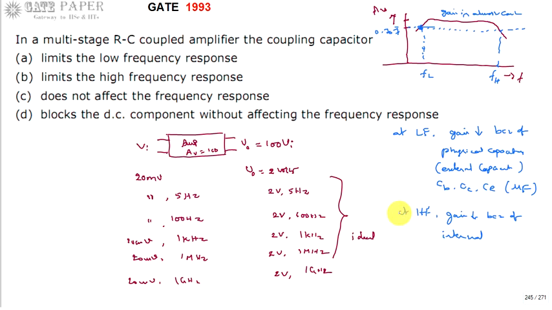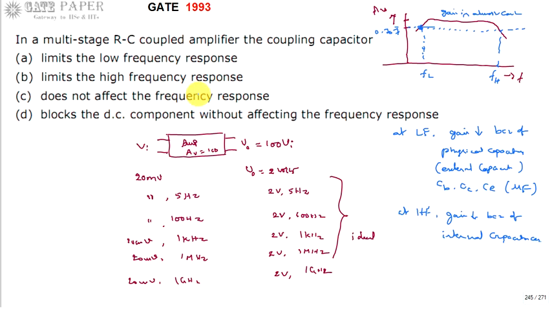That internal capacitance reduces the gain at high frequencies. They are treated as junction capacitances. In a BJT there will be a capacitance present between base and emitter as well as collector and base at high frequencies.